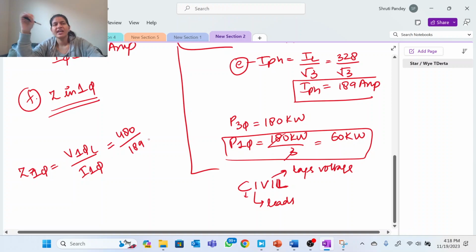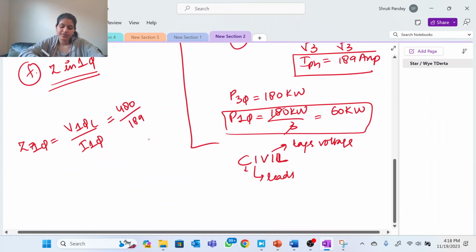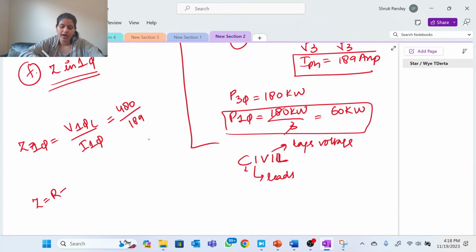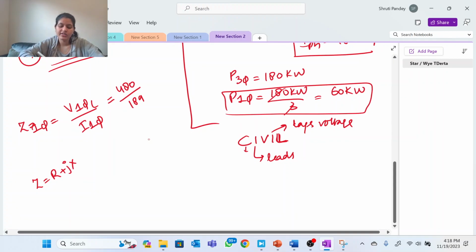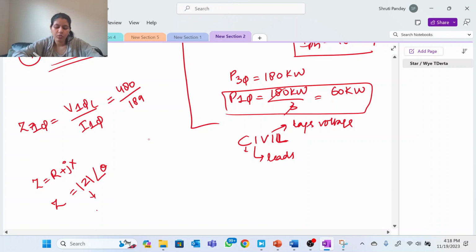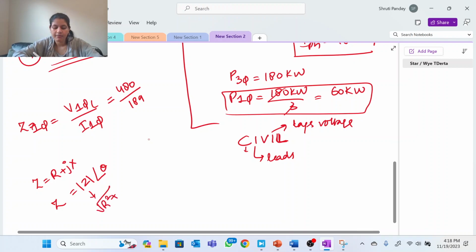Whenever I introduced the rectangular system, that is Z is equal to R plus JX, I introduced a polar form also, which was that this Z can be represented as the magnitude Z and an angle Z, right? So this magnitude was nothing but the square root of R square plus X square, and what was this theta?